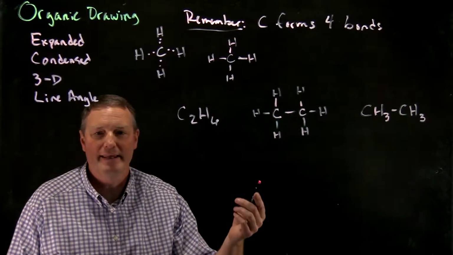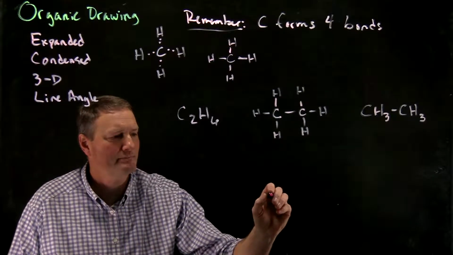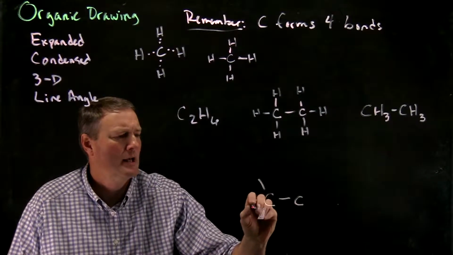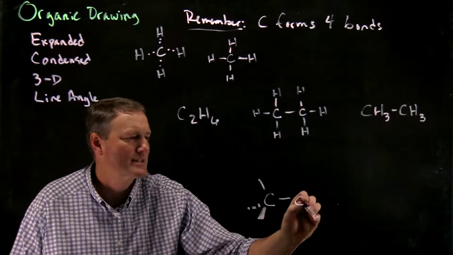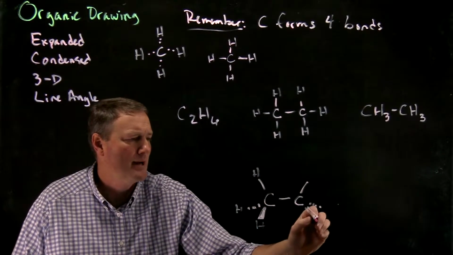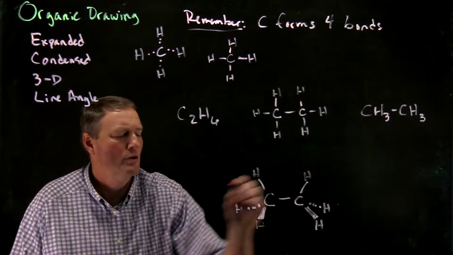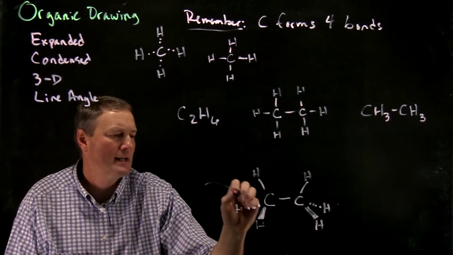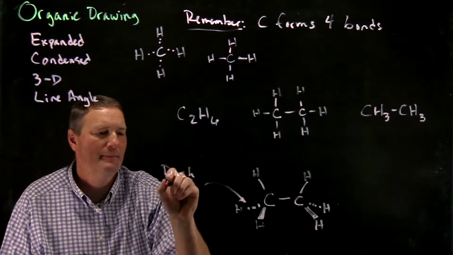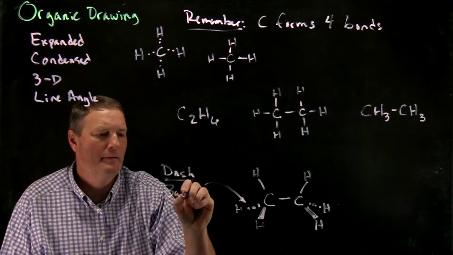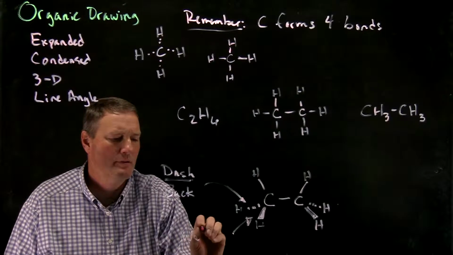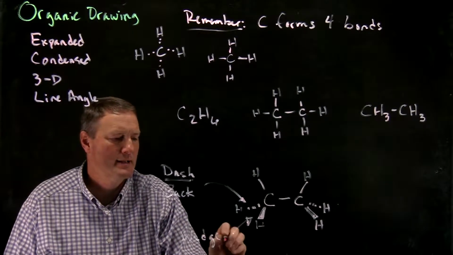Next, let's look at what the three-dimensional formula would look like. So to do this, we're going to actually use what are called wedges and dashes for our bonds, in some of the cases for the bonds. So what's going on here is that when I use a dash, that means that it's going back, and a wedge is out.